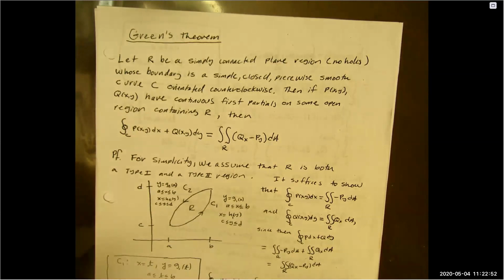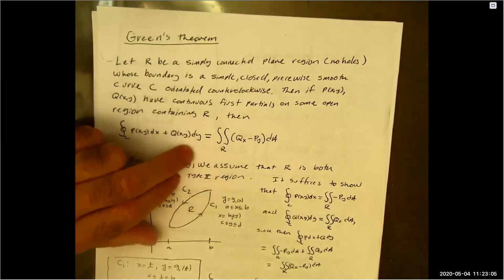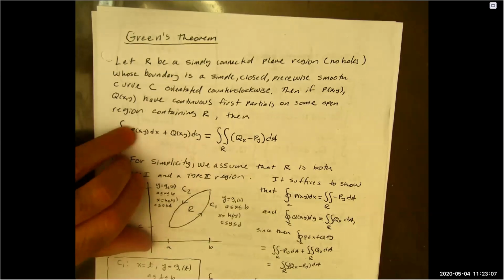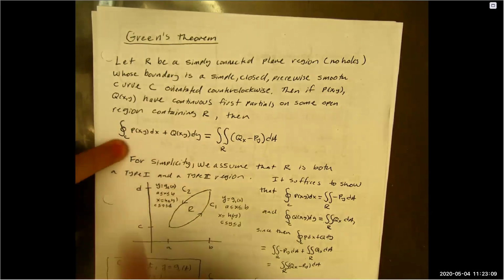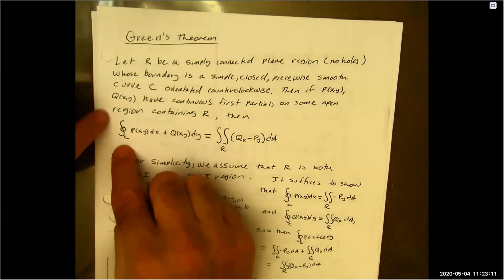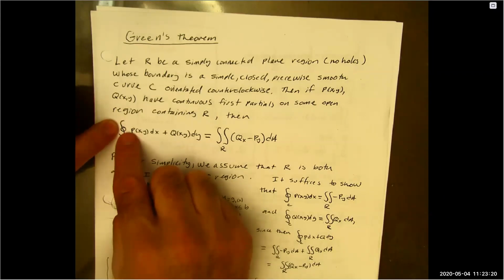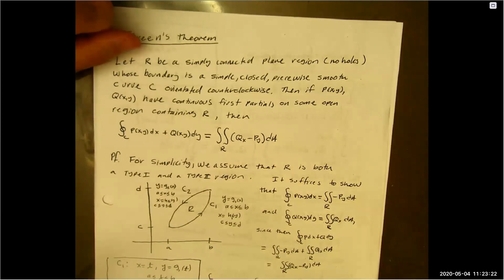The other theorems that we had, like the fundamental theorem of line integrals, sometimes the curve was closed, sometimes it wasn't. But Green's theorem is usually a shortcut that will make your life easier, but it has to be a closed curve. And that's why we have this notation here. You notice in this integral, we have this little circle. And what that indicates is that it's a closed curve. So it's a line integral over a closed curve. And that's why we usually put this little symbol here when we're doing Green's theorem.